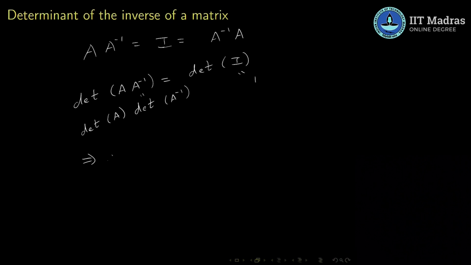This means that determinant of A inverse is 1 by determinant of A. Yeah, or I can write this in a more fancy way as determinant of A to the power minus 1. Yeah. So, determinant of A inverse is the reciprocal of the determinant of A. So, it is 1 by determinant of A. Okay. So, we know explicitly how to compute the determinant of the inverse from the determinant of A.